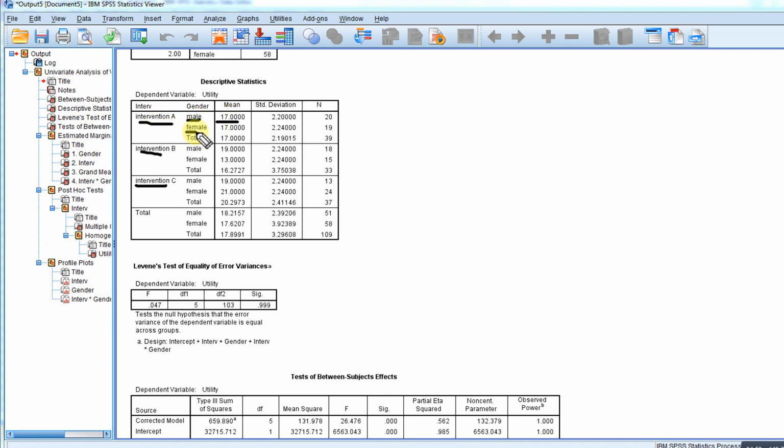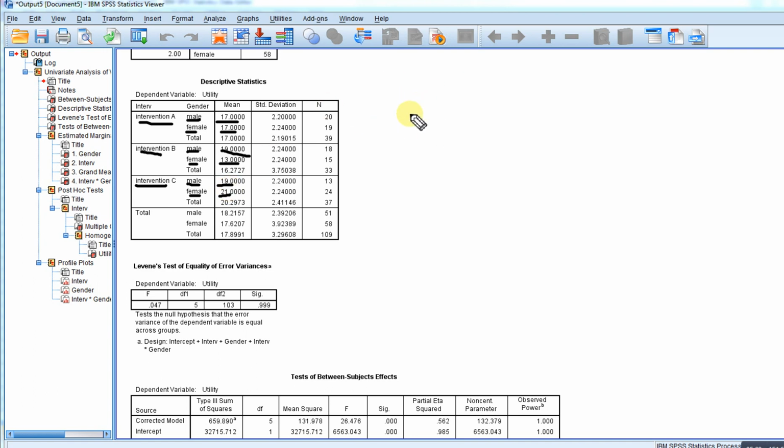For females receiving intervention A, it was 17. Males receiving intervention B scored 19 on average, females scored 13 on average, and then for intervention C, males scored 19 on average and females scored 21. So basically what you can see right here, you have 6 means that are being compared.